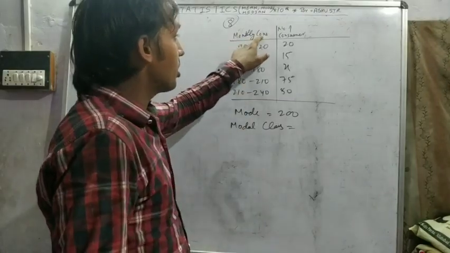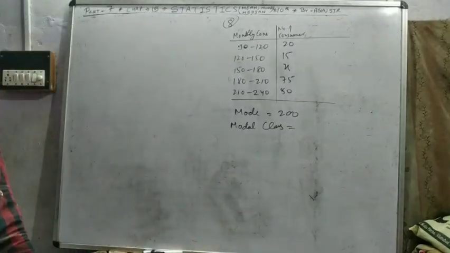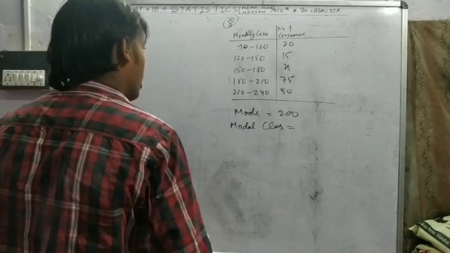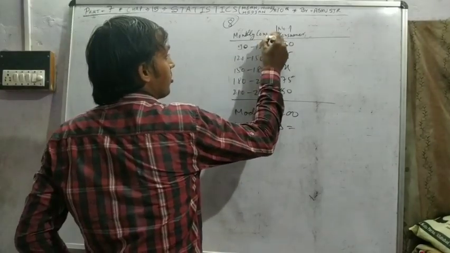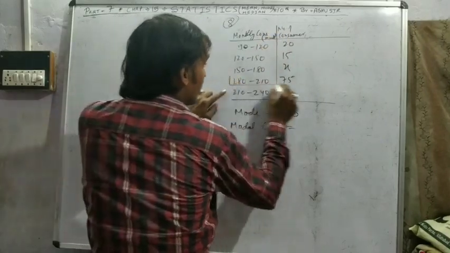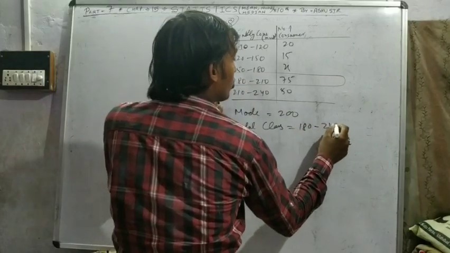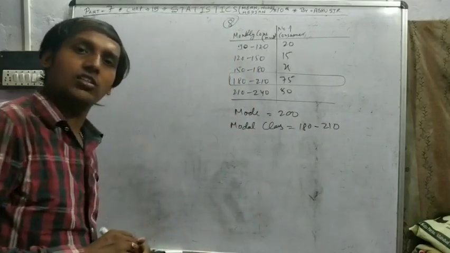Monthly consumption and number of consumers are given for electricity in units. So the modal class is 180 to 210 directly.